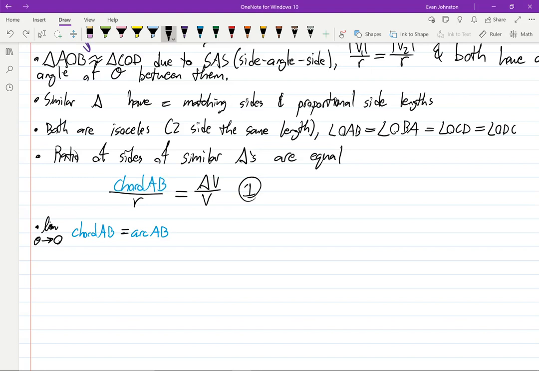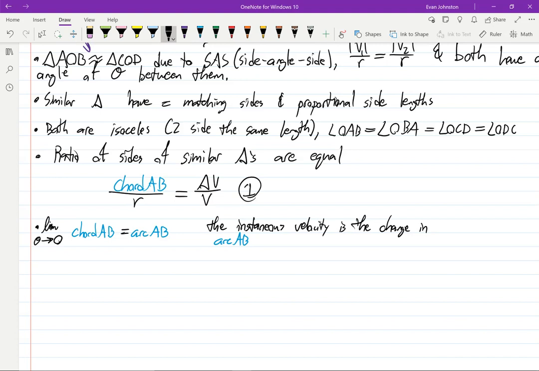And so what we could say then is that the instantaneous velocity would be found to be the change, it's traveling along that arc. It's traveling along the circle itself. So it's the change in arc AB.